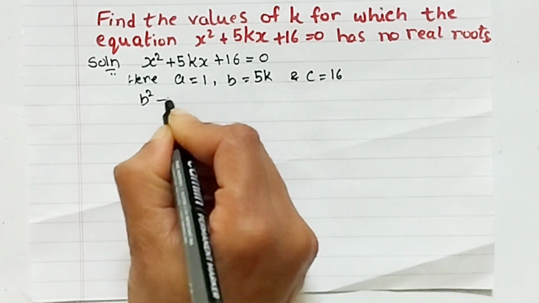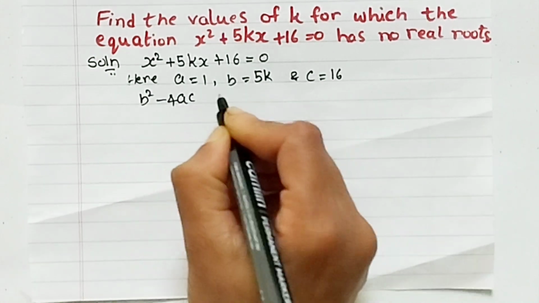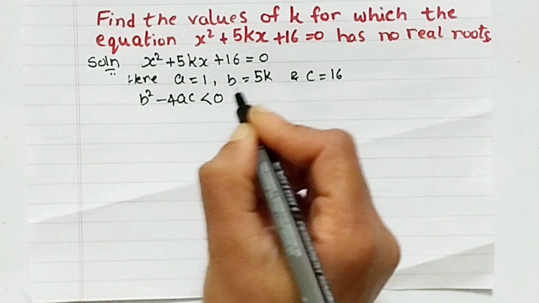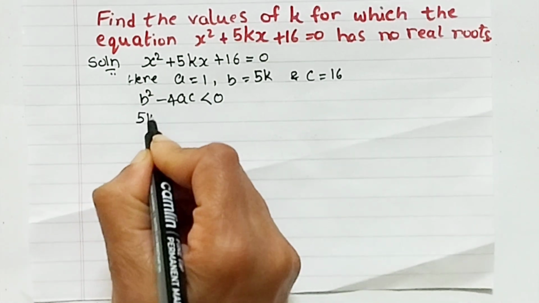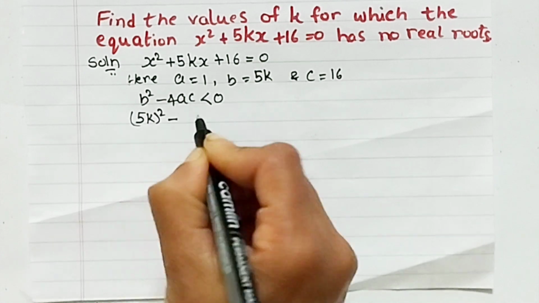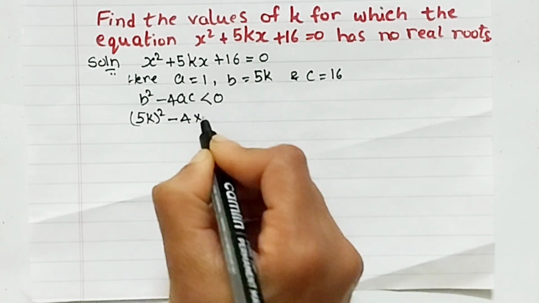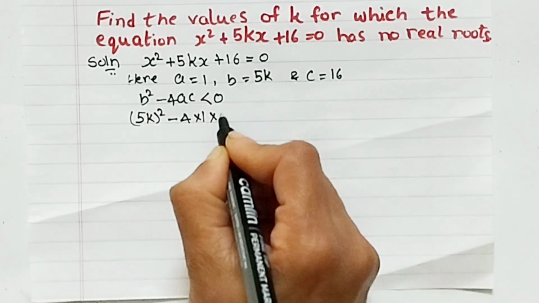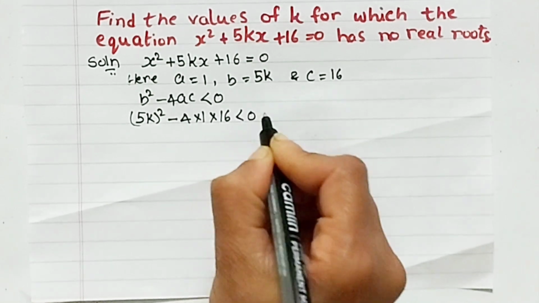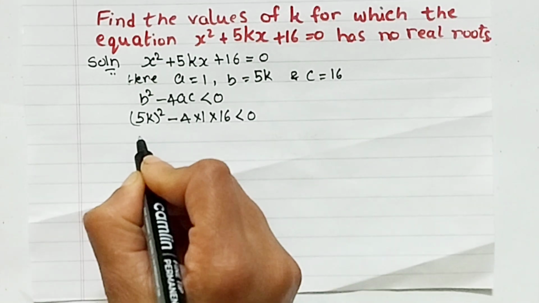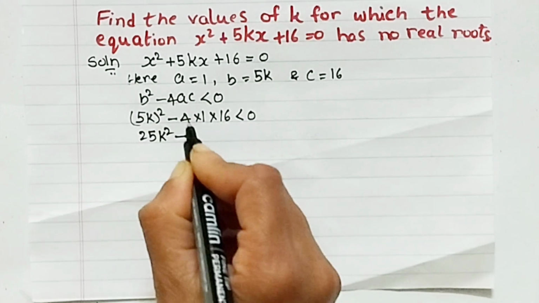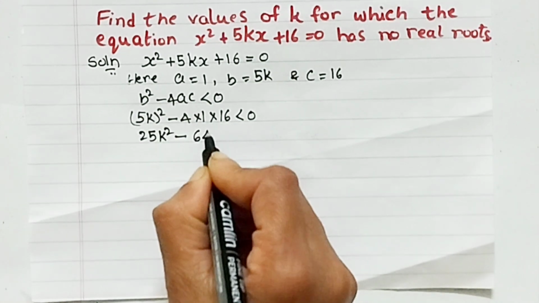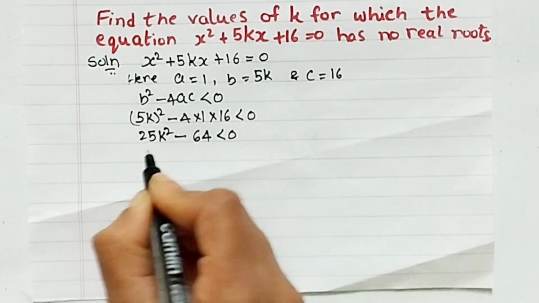Discriminant b square minus 4ac less than 0. b square is 5k whole square, minus 4 into a is 1, c is 16, less than 0. 5k whole square is 25 k square, minus 4 into 16 is 64, less than 0.